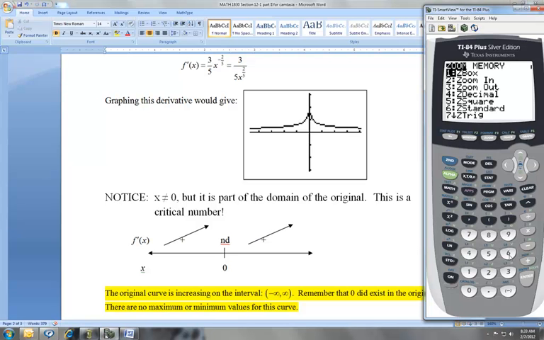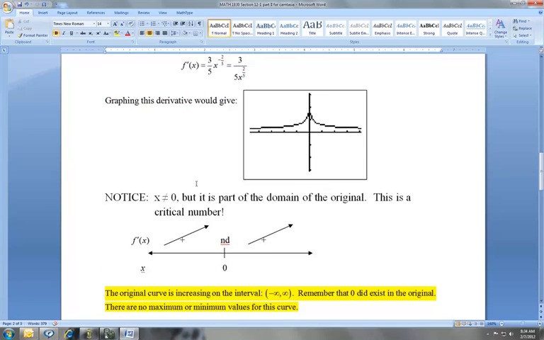Zoom 6. Notice it's increasing on its whole domain, and if we got in here real close, we would actually see right at x equals 0, it would be a vertical tangent line. That's why it's not defined. But there's no max or min.